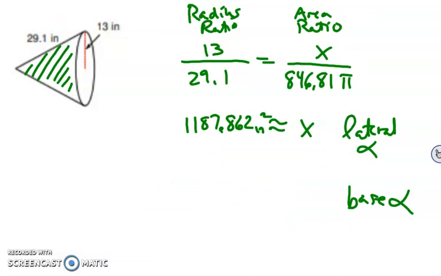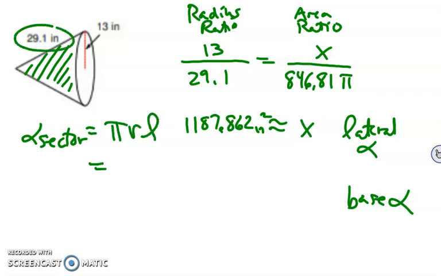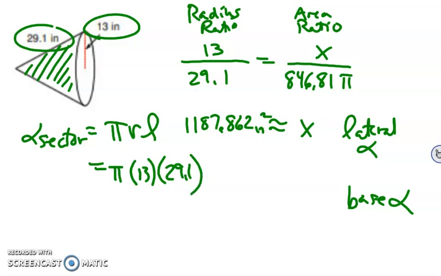So the area of the sector is pi R L. If I multiply the R value of 13 and the L value of 29.1, the exact area of that lateral piece would be 378.3 pi.